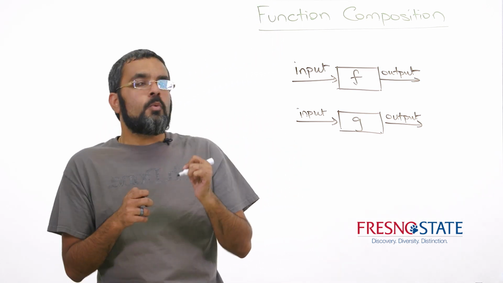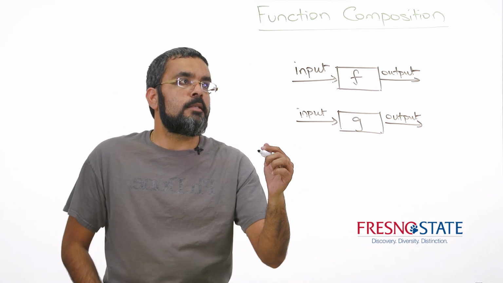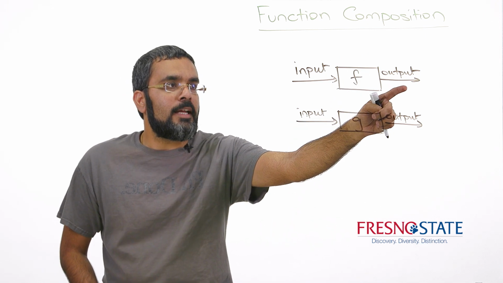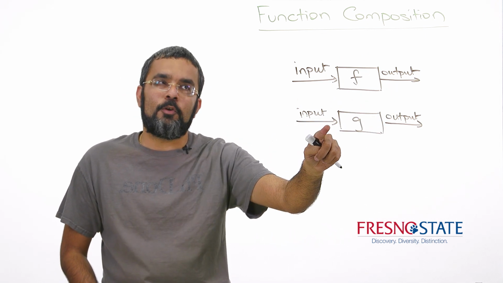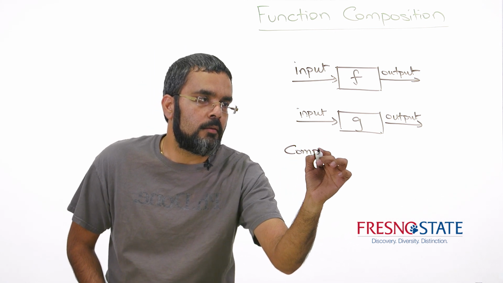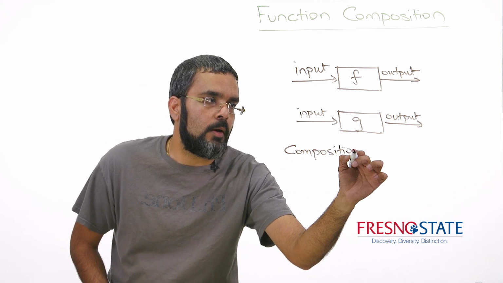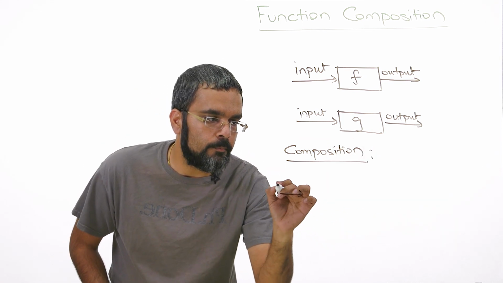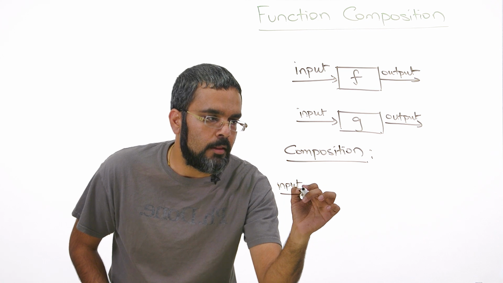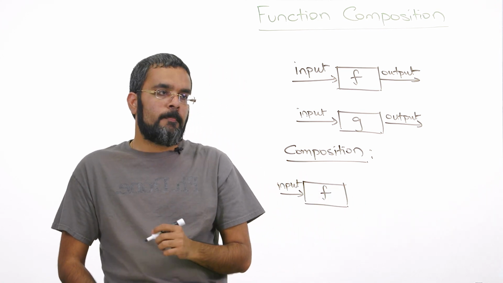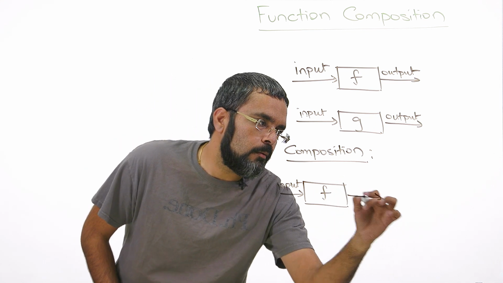So the way this is going to work for us now is when I compose two functions, the output that I get from f now becomes an input for g. So the way composition works, we're composing the two functions together. That means I give an input. That input goes to, let's say, my function f. That gives me some output.